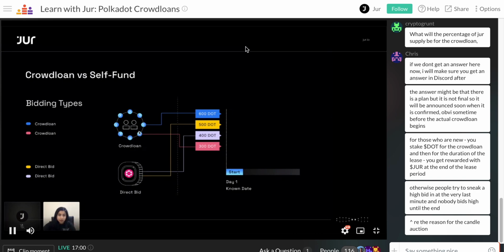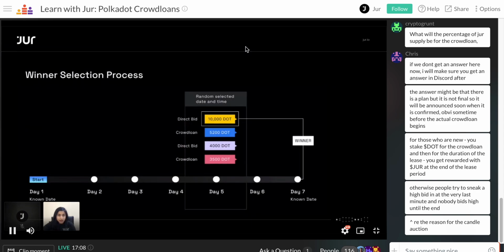One is a crowd loan, another one is a direct bid, and they're just placing one bid after another. This is day one of the 7-day auction. And continuing on that image, this bidding happens every day. And in this particular example, on day 5, randomly the auction code took a snapshot of the bids that were there, and it took the highest bid, and that was announced as a winner on the 7th day.